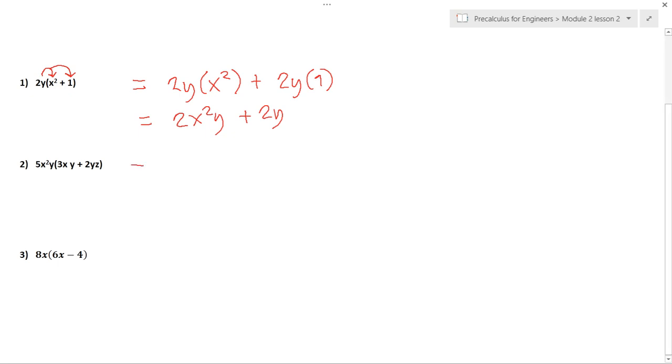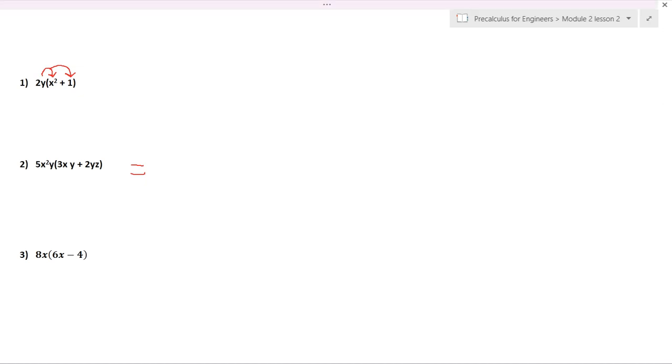Okay, for the second example. Let me erase this so that it doesn't lag. So for the second example, we have here 5x squared y times 3xy plus 2yz. So again, distribute to the first and the second term.